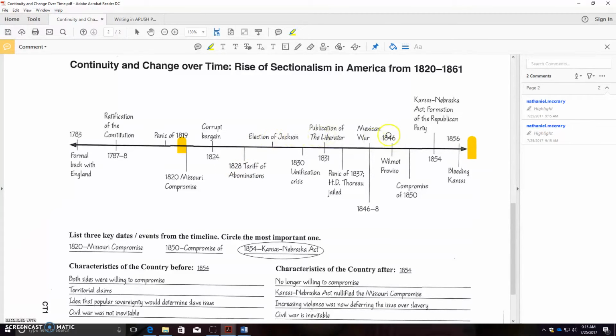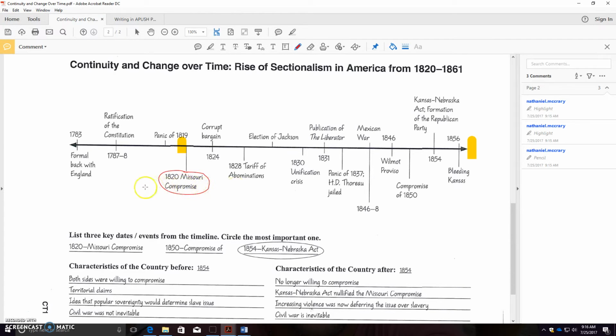And so they've named many different things. Ones that stand out to me immediately is the Missouri Compromise of 1820. The Missouri Compromise of 1820 said that Missouri would enter the Union as a slave state. I believe this is when Maine came into the Union as a free state, so it kept the balance of free and slave states.